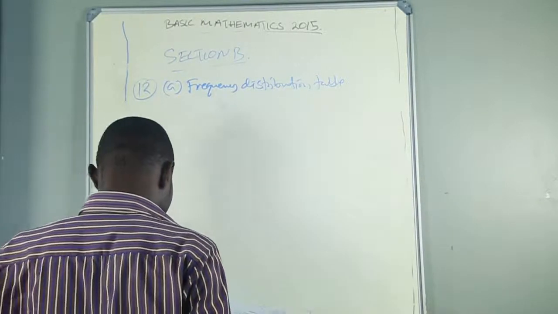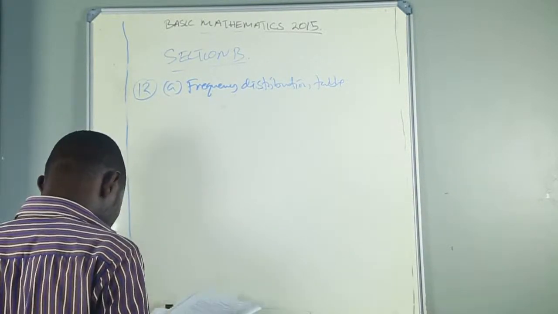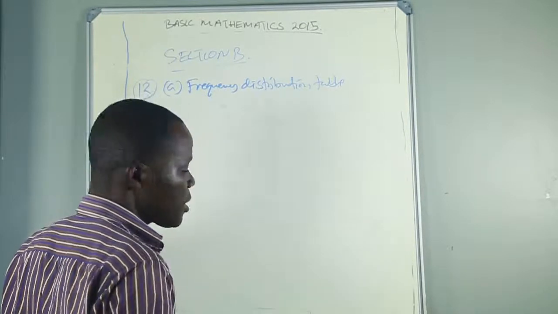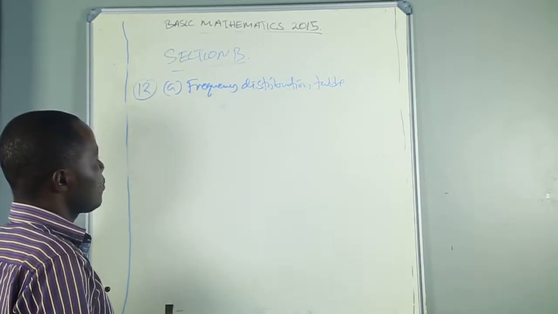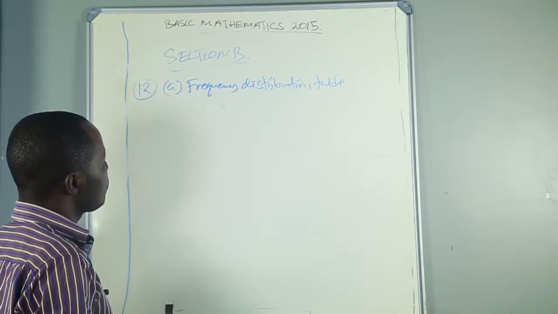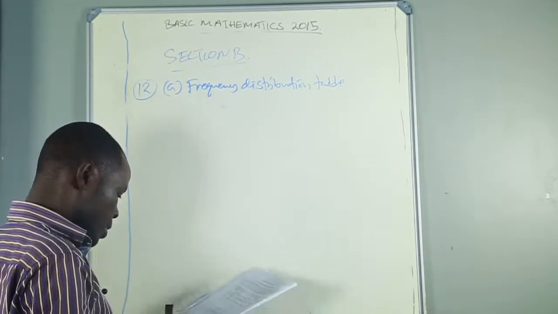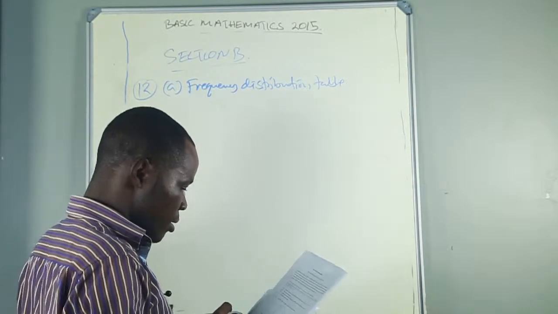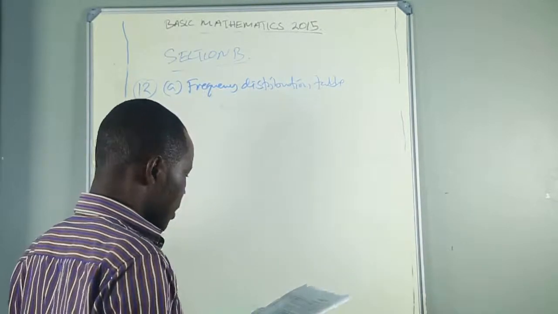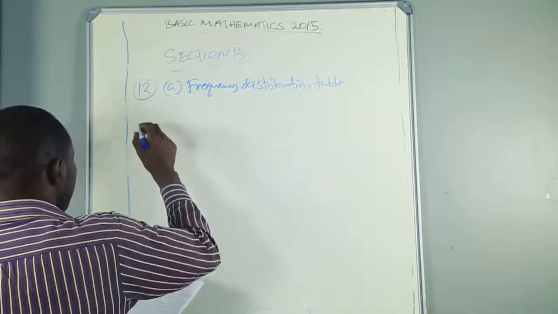Okay. So the table must include the marks, class mark, frequency, cumulative frequency, and the fx, the product of frequency and the class mark. Because in part D we are required to find the mean mark.